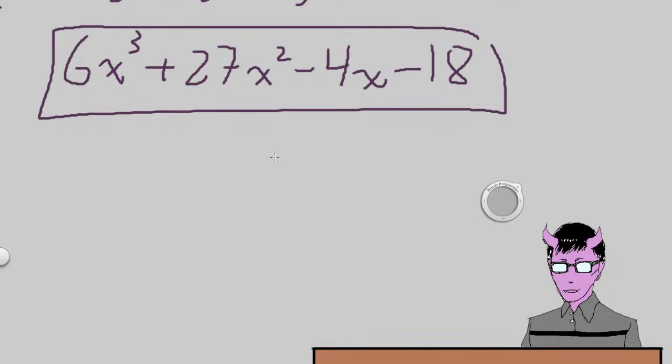So the question is, how do we do this? Well, you can actually jump straight to synthetic division if you really want to. It's not going to be tremendously difficult, because this is factors of 6, factors of 18. So not super, super bad if you're trying to do synthetic division.